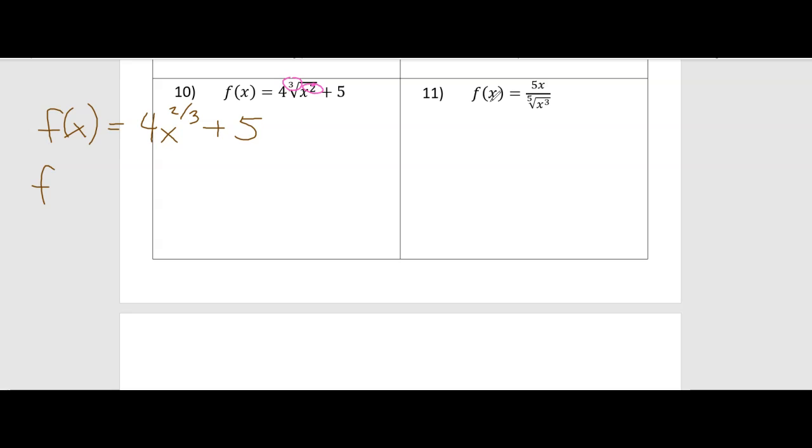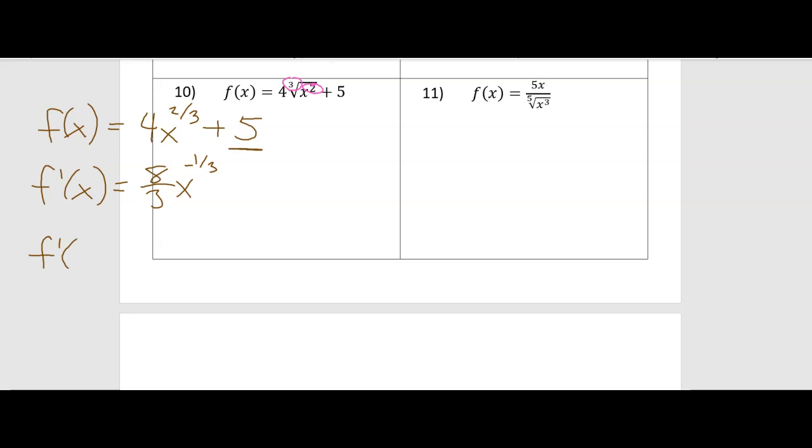So I'm going to get f prime of x is equal to 8/3 x to the power of negative 1/3. So 2/3 minus 1 gives us negative 1/3. The derivative of the constant part of this function is 0, so you could write plus 0, or you can just leave it. And now we just need to rewrite this with positive exponents.